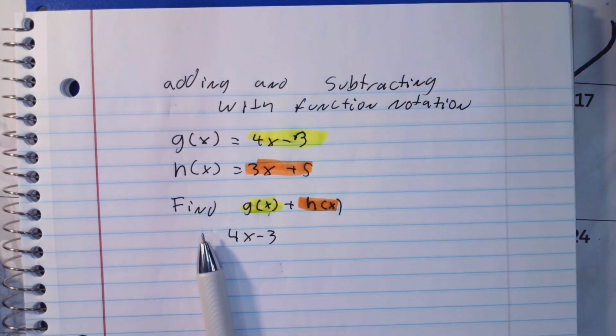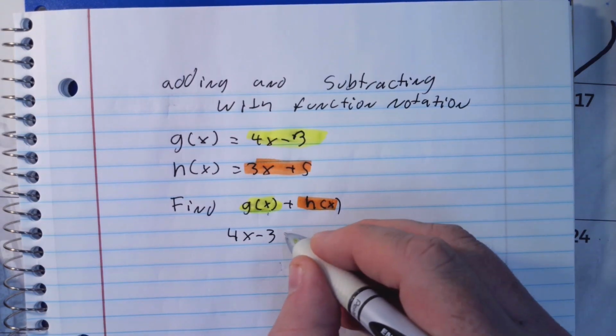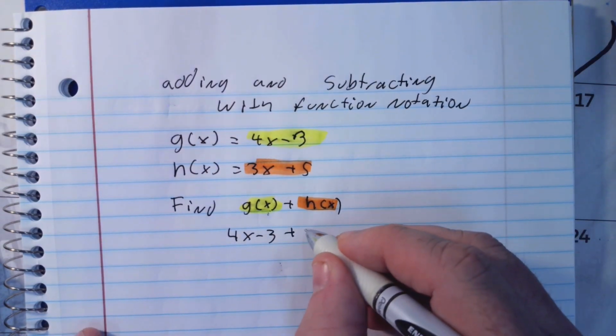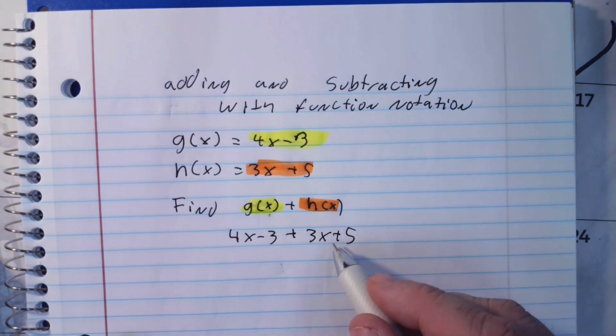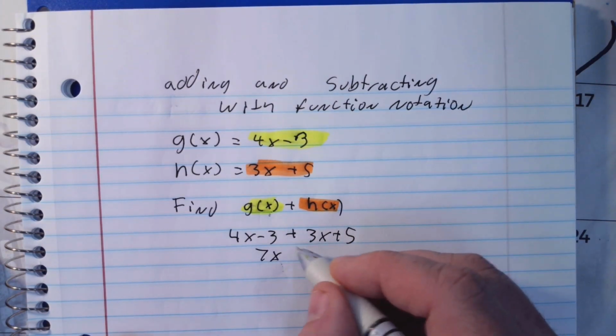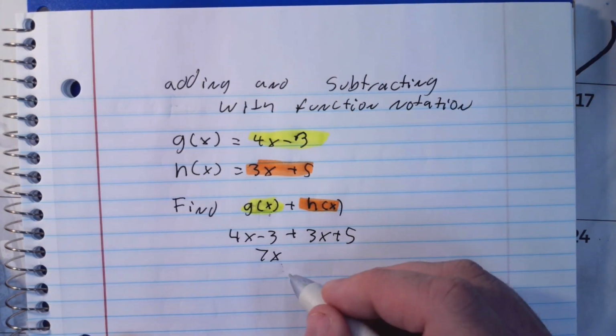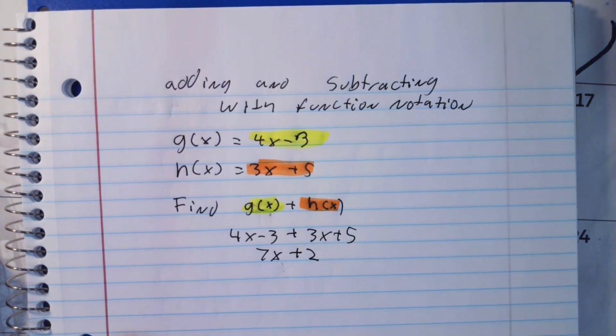Okay, we're just substituting, right? That doesn't show up very good. Maybe it shows up better in HD. So this would be 3x plus 5. What do I do now? Combine like terms? 4x and 3x are 7x. Negative 3 and 5 would be 2. Is that it?